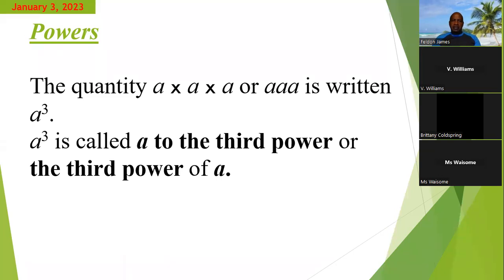So we are kind of just using a big word, small word kind of thing here. So a small word would be power. And then we have index, and a bigger word than index would be exponent.